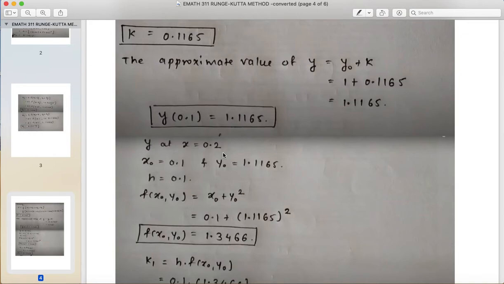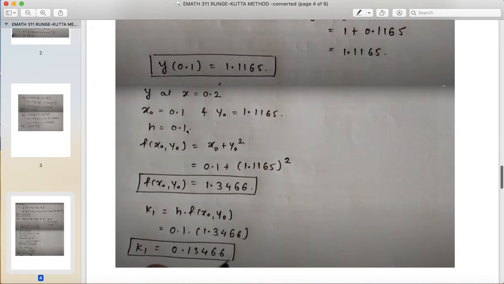So we have y at x equals 0.2, since this is our main original question. For x naught, which is 0.1, and our y naught is 1.1165, and also we have the value of h from earlier, which is 0.1. So we need to just input all the values that we have.